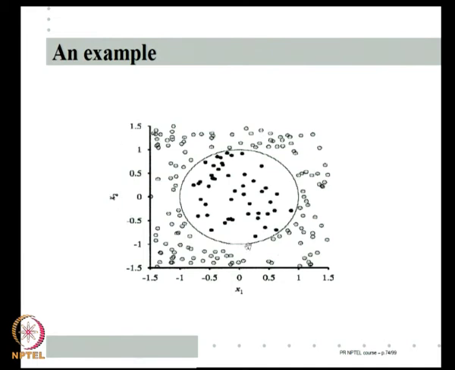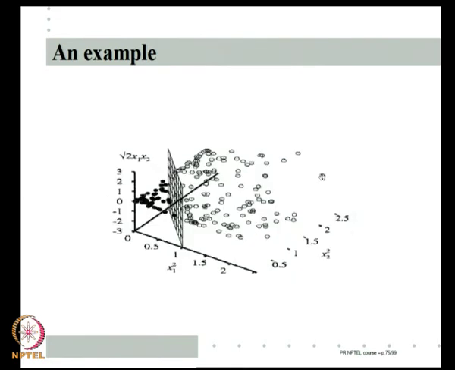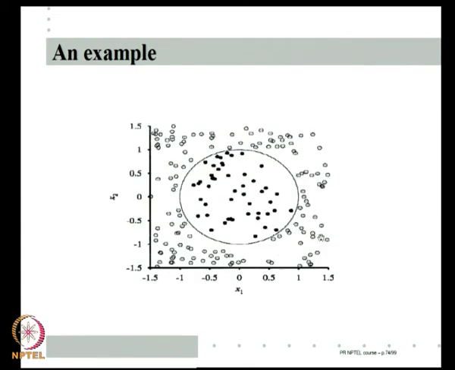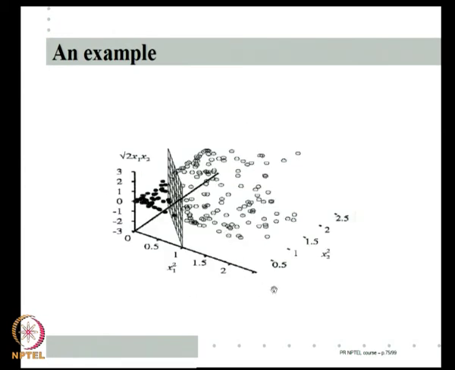If this is the original feature space and I needed a quadratic discriminant function to separate the two classes, if I map the patterns into a higher dimensional space, I would be able to separate them with a hyperplane. Essentially, this is in the x1 x2 space, whereas this is in the x1 square, x2 square, x1 x2 space.